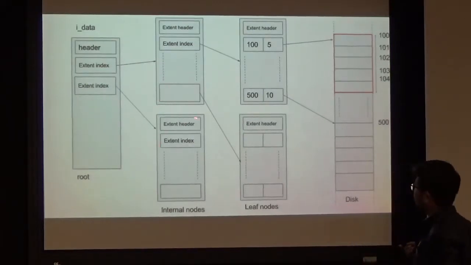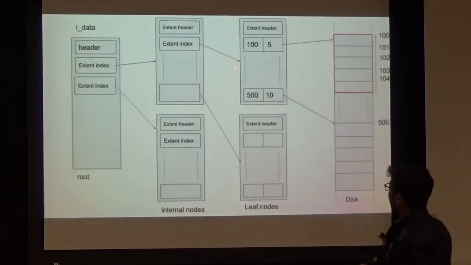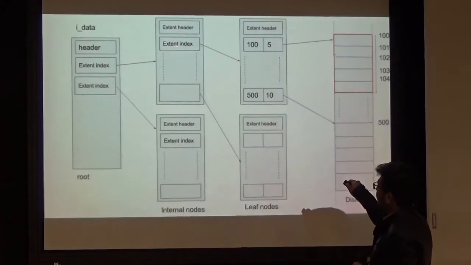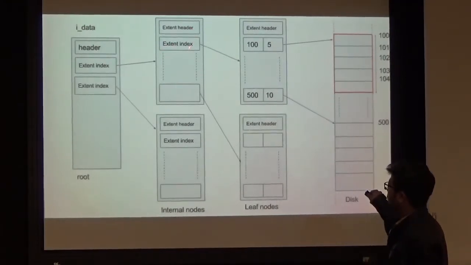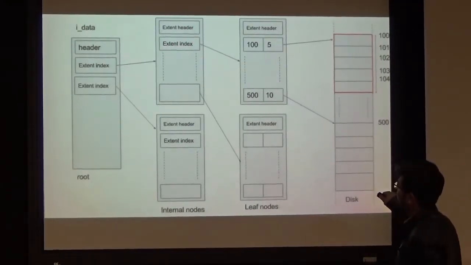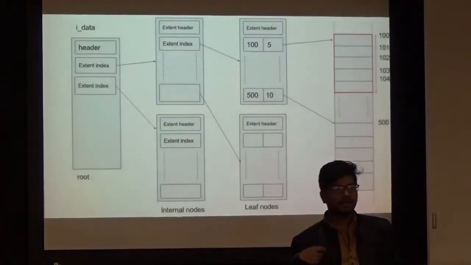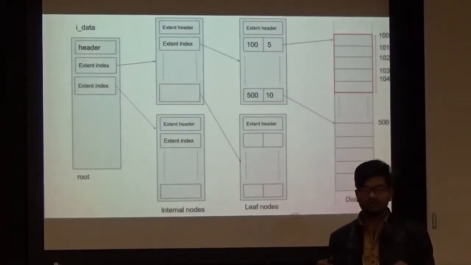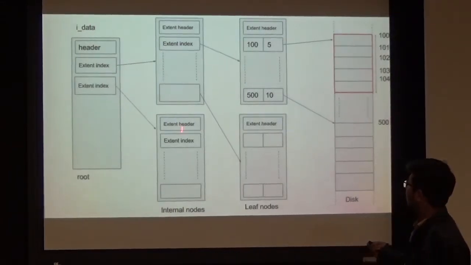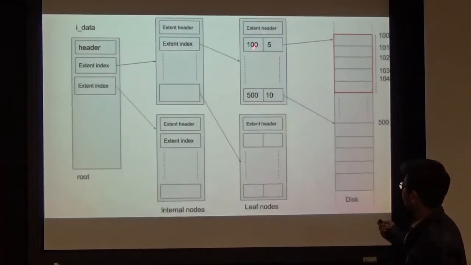And in the internal nodes, each internal node is composed of a header and ext4 extent index, which is basically a pointer to an extent index node, which is either an internal node or a leaf node. So we can have another internal node level, or it can point directly to a leaf level.